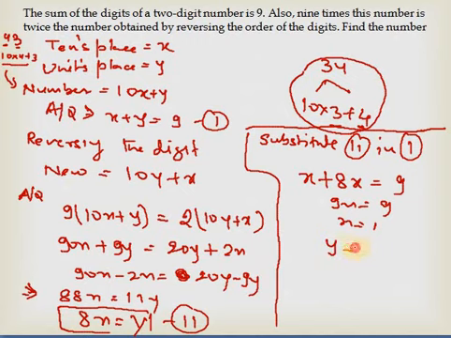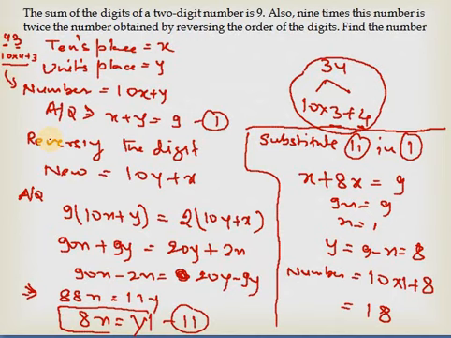Now y is equals to 9 minus x, which is 8. So now the number, because they ask us to find the number, is equals to 10 into 1 plus y, which is 8. So the number is 18. So whenever there is a digit question or a number question, what you have to do is consider the tens place digit, then the unit place digit, then find the number.